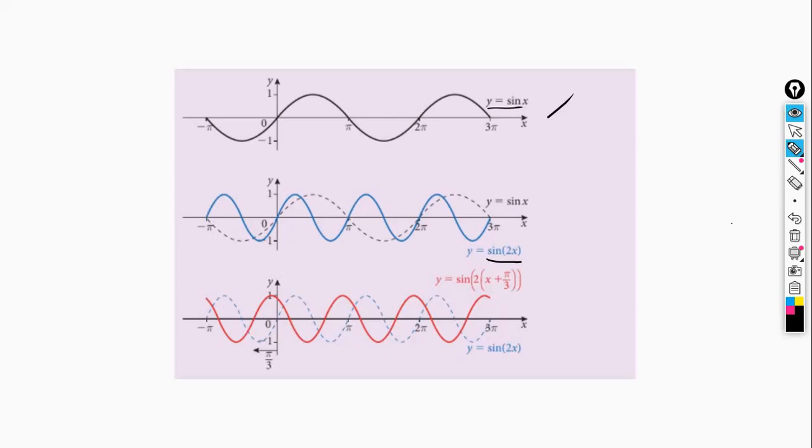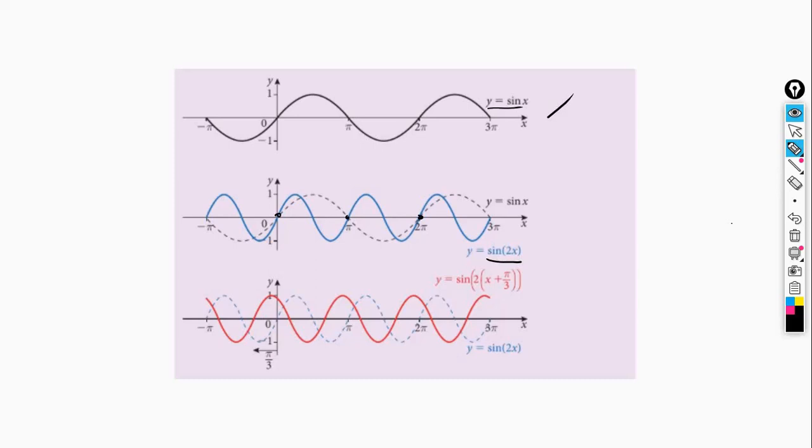So the blue line is going to have half the period. If we start from 0, the period is pi. Whereas for the normal sine function, it starts here, but then it has a full period at 2 pi. So that means a horizontal squeeze, right?